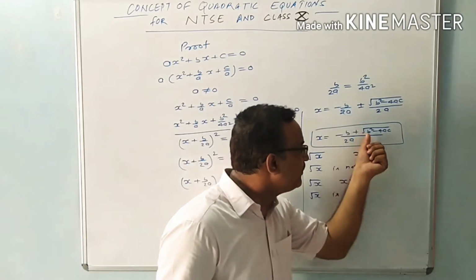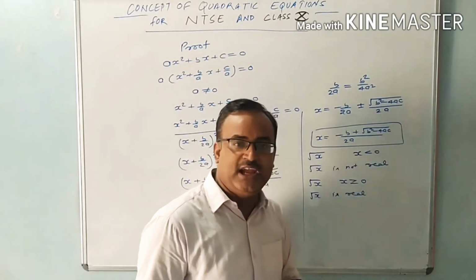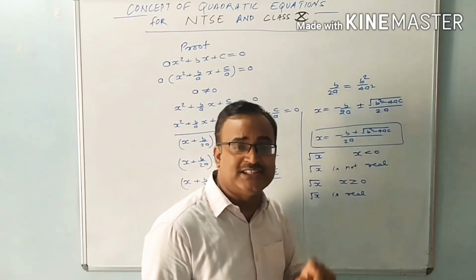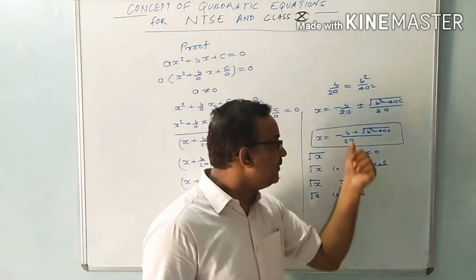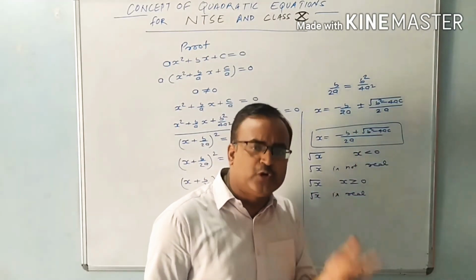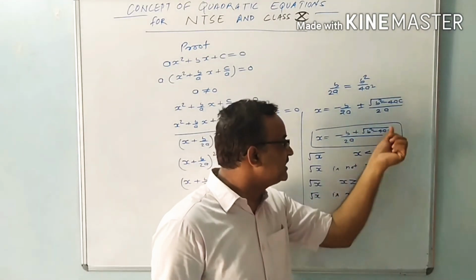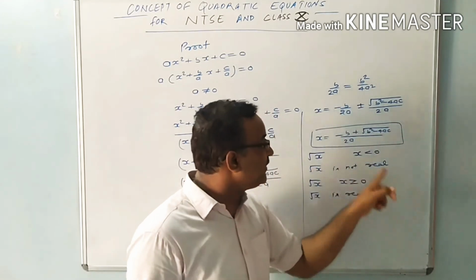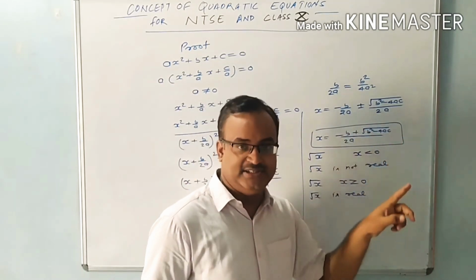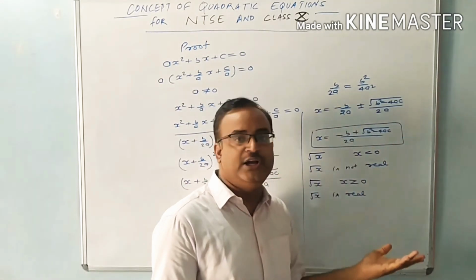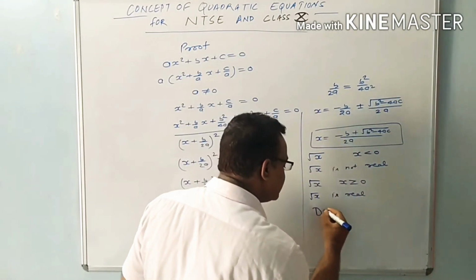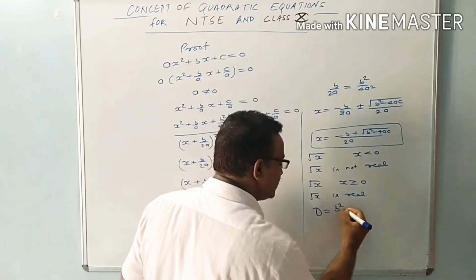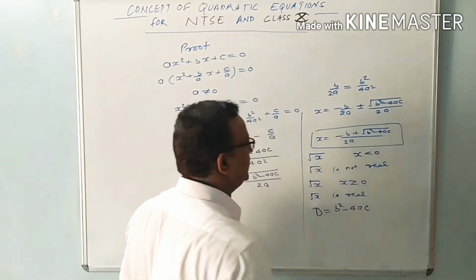But what is the value of b square minus 4ac? If the value of b square minus 4ac is negative, then it becomes imaginary. If the value of b square minus 4ac is equal to 0 or more than 0, then it is real. So that's why it is known as the discriminant. It differentiates the nature of roots. That's why we call it the discriminant, and it is denoted by D, which is equal to b square minus 4ac.